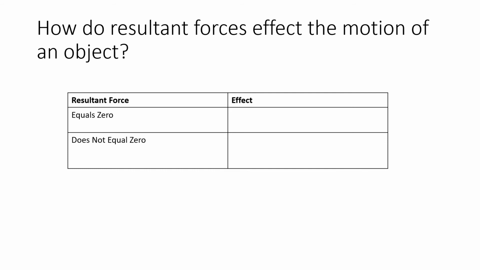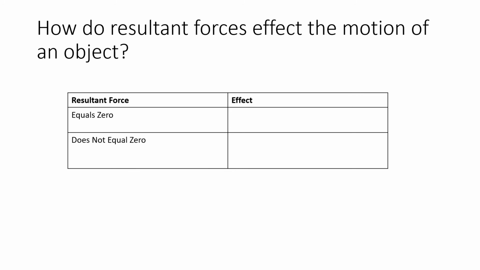Now, if the resultant force does not equal 0 on an object, it's either going to speed up, slow down, or change direction. If you suddenly take your foot off the accelerator of a car, that forward force is going to reduce. The resultant force is going to be greater going backwards, on that backward force.